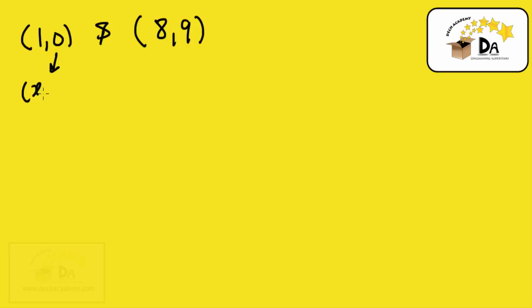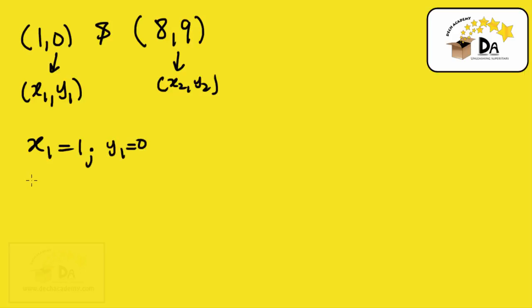Imagine you're given that the point 1, 0 and the point 8, 9 lie on a line, and you're asked to find the gradient of that line. You say, well, let this first point be x1, y1. Let the second point be x2, y2. So you know that x1 is 1, y1 is 0, x2 is 8, and y2 is 9.